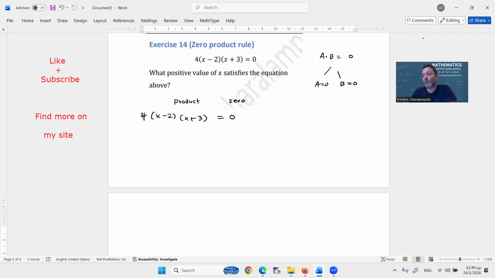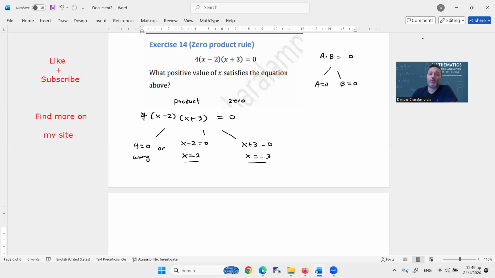This could have only happened either if 4 was 0, which is clearly wrong, or x minus 2 is 0, which means that x should have been 2, or x plus 3 would be 0, which means that x equals negative 3. So this can only happen if x is 2 or x is negative 3.